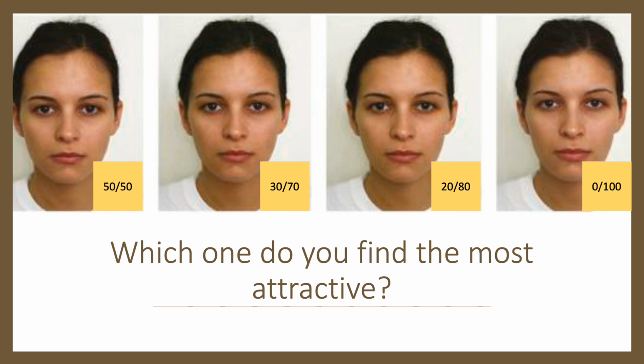So basically, because they look so cute, their parents just want to look after them and want to care for them. And so this spills over to how we judge adult faces, and this is called the baby face overgeneralization hypothesis.